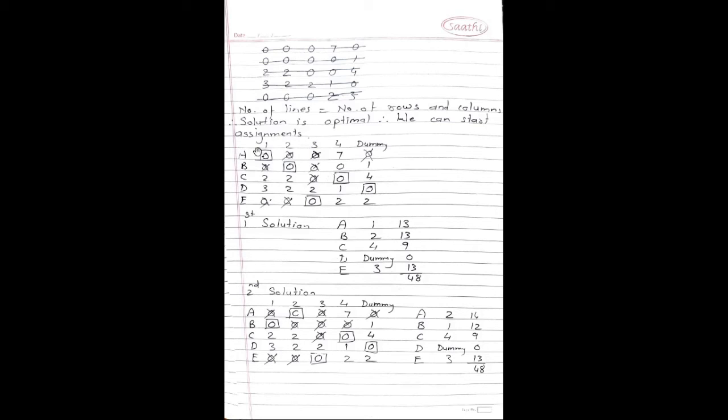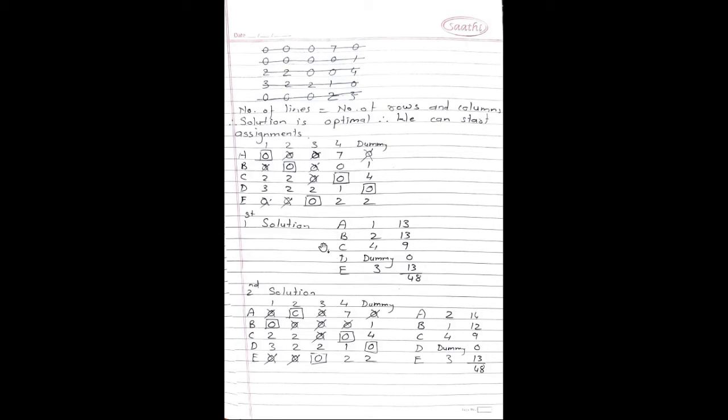So we will mark first zero randomly. So if you mark first zero, we will have to cross these 2 zeros and these 2 zeros also. So second assignment will come here. If you mark this zero with a box, we have to cross other remaining zeros in the rows as well as in the columns. Same way, we have to mark this 0 and this 0.